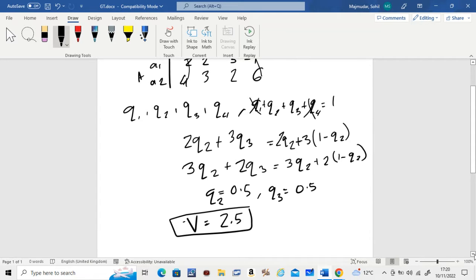So let's just recap. First, we find the probabilities of player A, which has only two strategies. And then we do the same thing to find the probabilities of player B by using the same technique. You don't have to graph for player B, but you do have to graph for player A and look for the maximum.